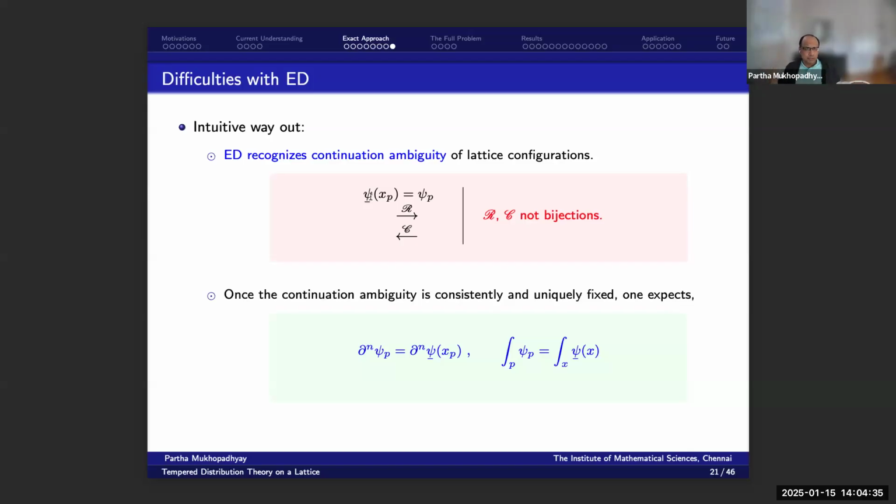And therefore, you have this series of relations. Each higher derivative must match on the two sides. And from there, you can argue this. Now, once these derivatives match, the inverse of the derivative, which is the integral, should also match. And therefore, the inverse of the exact derivative, which is a lattice integral, should be given by the continuum integral of the corresponding continuation psi lower bar.